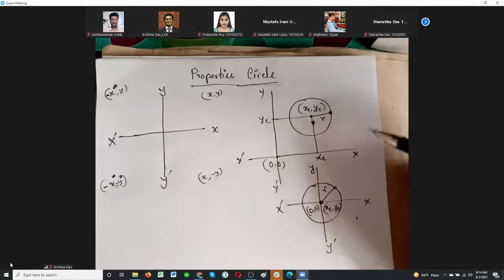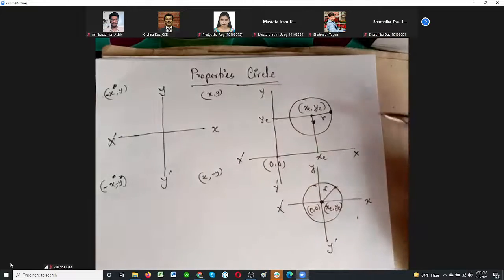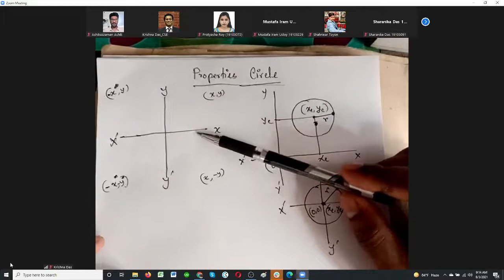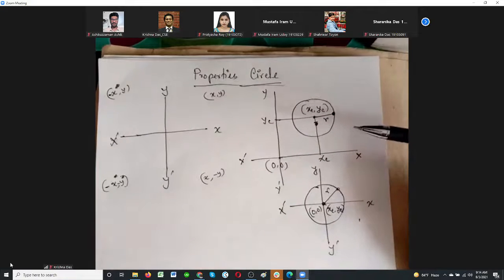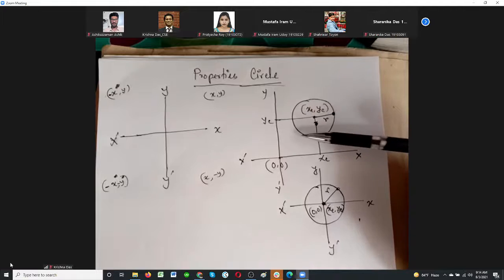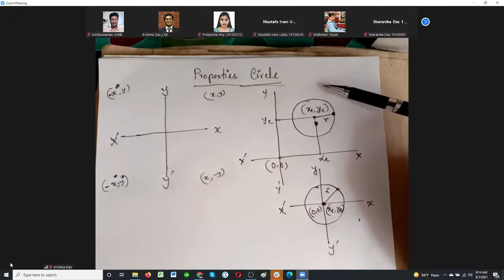If we now consider the digital screen, this graph with the digital screen, that means small boxes with pixels, then you need two coordinate values. One is for the center of the circle. One pixel you need for any point on the circumference, right?